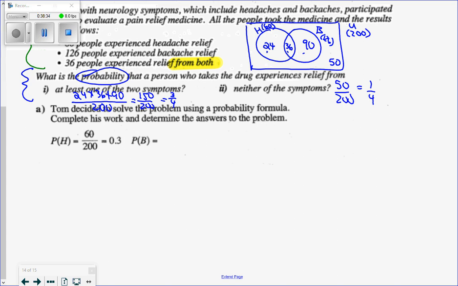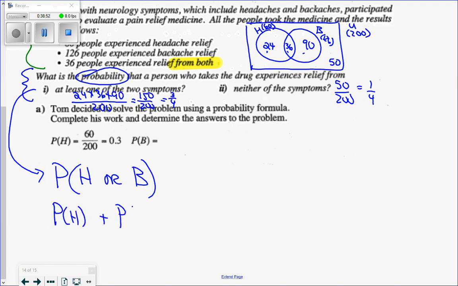So for this first question here, at least one of the symptoms. What's wrong with me today? Don't answer that. This means probably getting a headache or a backache, right? Because it means one or the other or both, and "or" means add. So you would go probability of a headache plus probability of a backache minus the probability of the overlap, right?